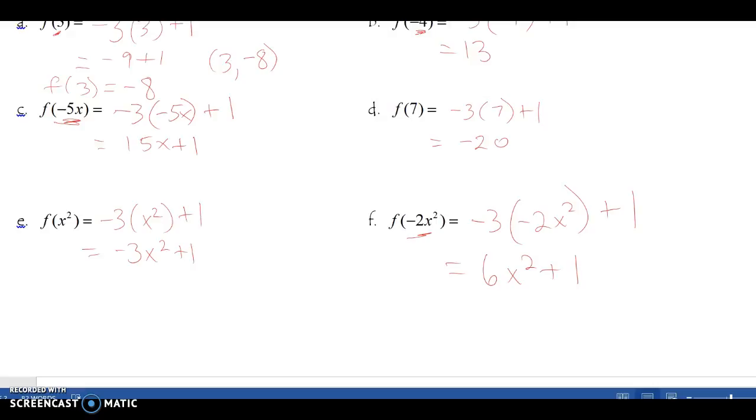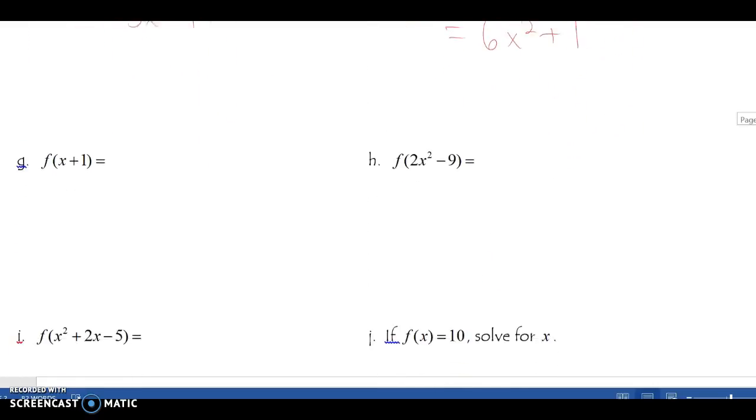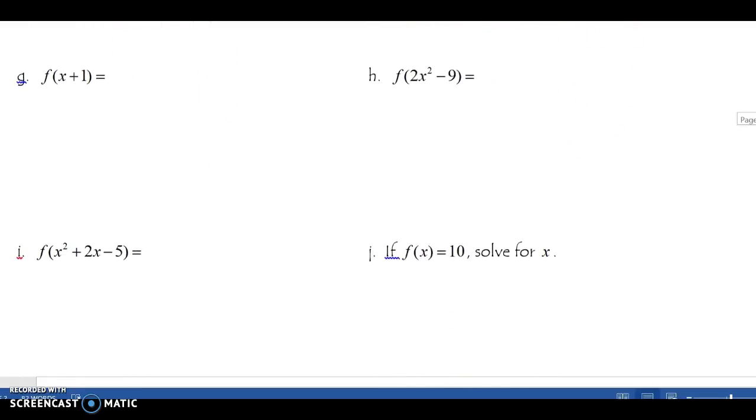Alright, so we had to review expanding binomials, because when you get to one like g, when we replace x with the quantity x plus 1, okay, we're going to have to distribute. And then combine like terms.